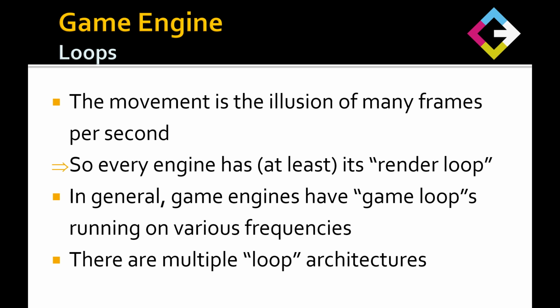Every game engine therefore has at least a render loop that is trying to run either as fast as possible or with some kind of cap like 60 FPS. But rendering is not the only subsystem game engines have. You need to read input, you need to update physics, you need to update AI, you need to update simulation, and so on. And not all those subsystems need to work every frame.